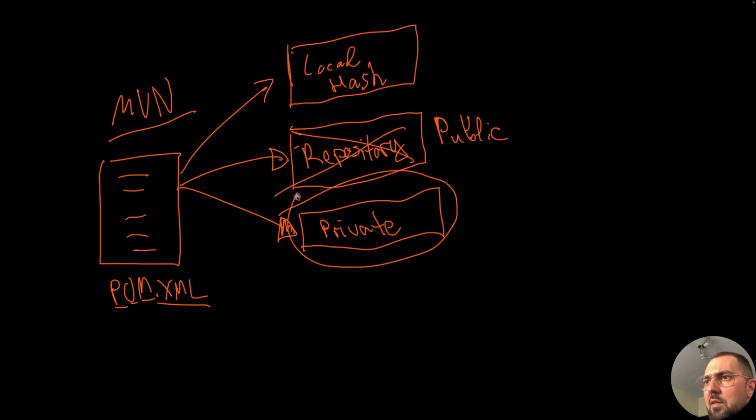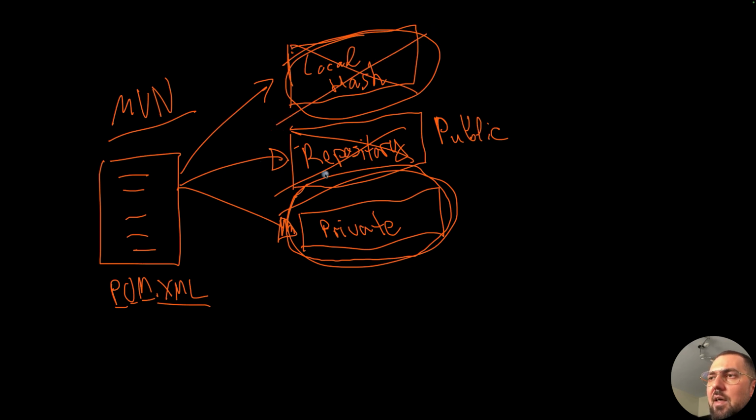Once it downloads the dependencies from here, they will be saved in the local cache. You can delete this by hand, and again it will download the dependencies and save them here.